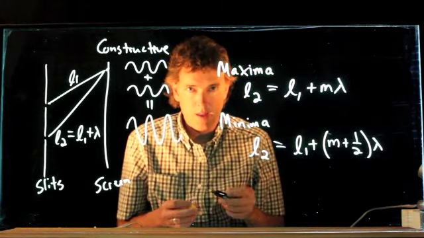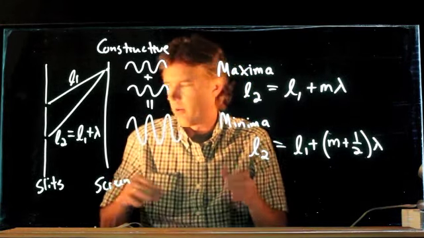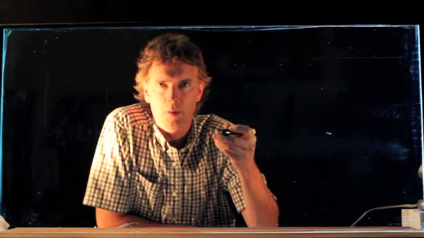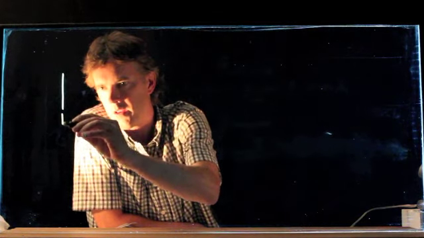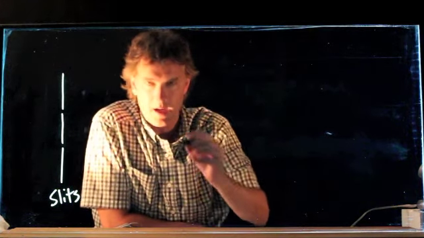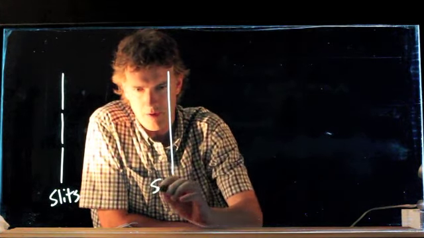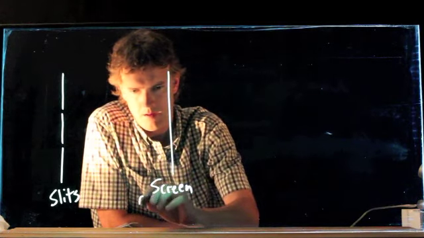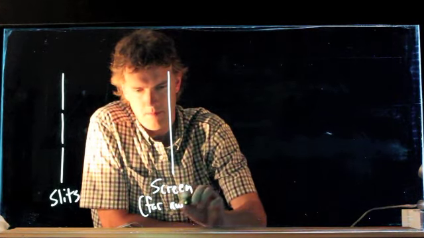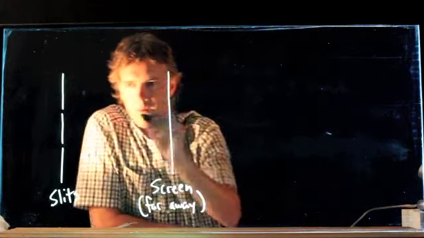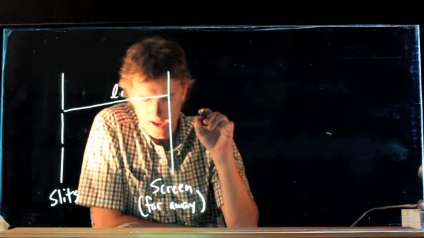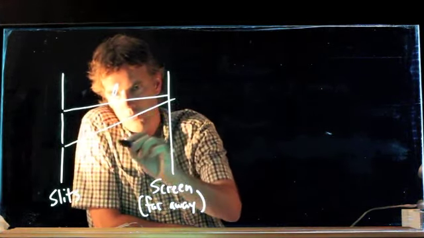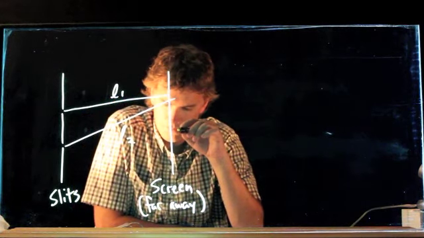All right, let's redraw this again and we'll look at a screen that's far away. So with the double slit interference, let's draw it again and let's put our screen rather far away. So here are the slits, and now we will put the screen farther away. And now let's think about the light that propagates from slit 1, takes a distance L1, and the light that propagates from slit 2 takes a distance L2.